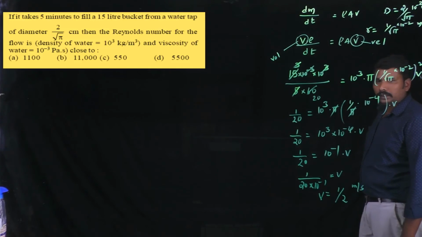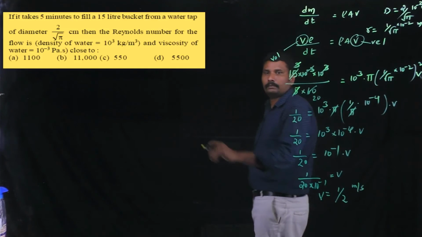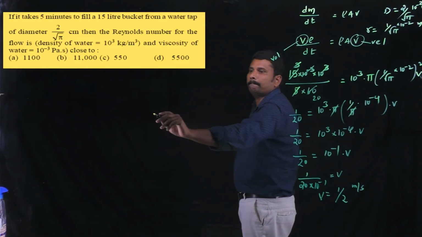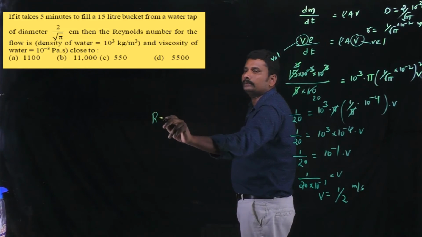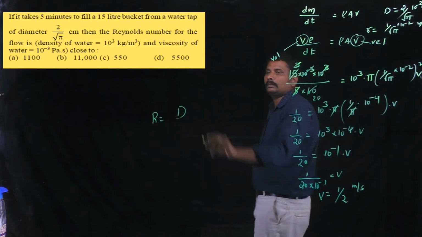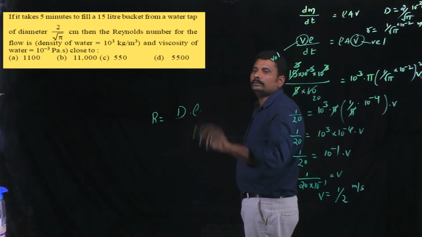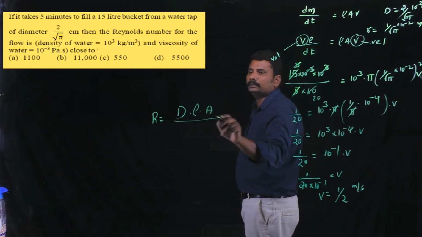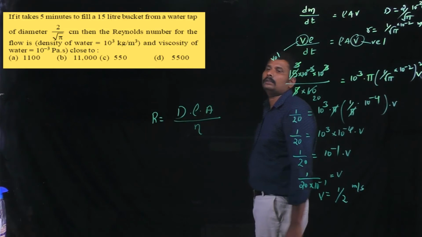Now, the Reynolds number is R equals to diameter of the pipe into density into velocity, by coefficient of viscosity.